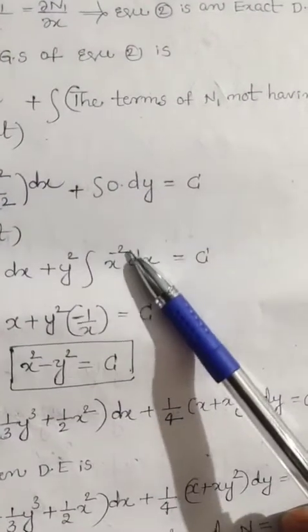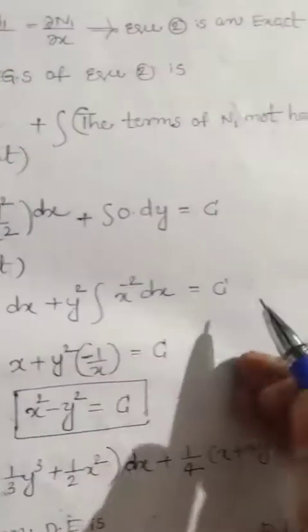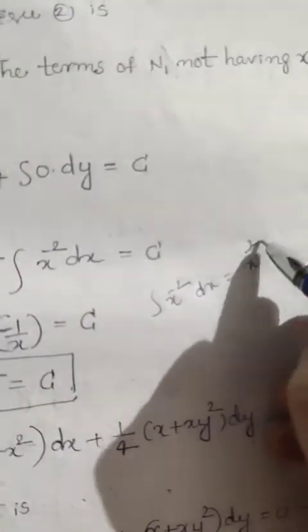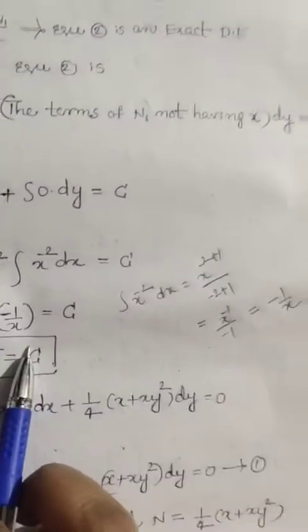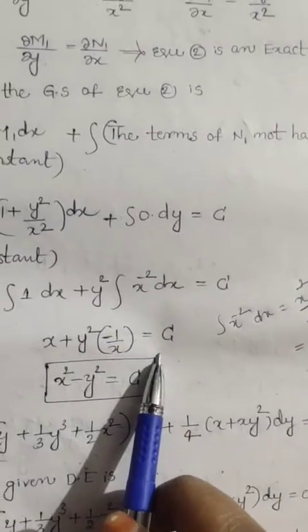So x to the power of minus 2 gives x to the power of minus 2 plus 1 by minus 2 plus 1, that is x power minus 1 by minus 1, that is minus 1 by x. So y square into minus 1 by x equals c.